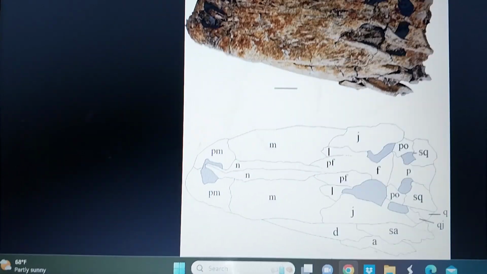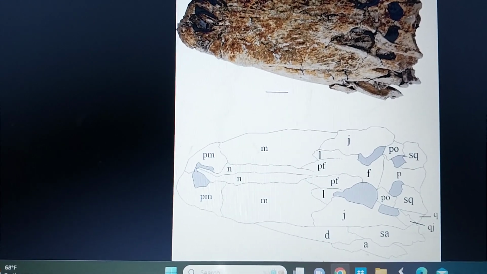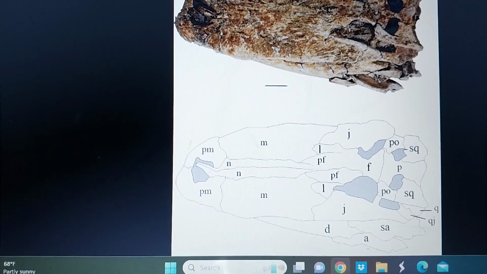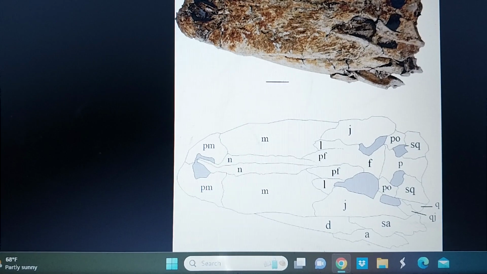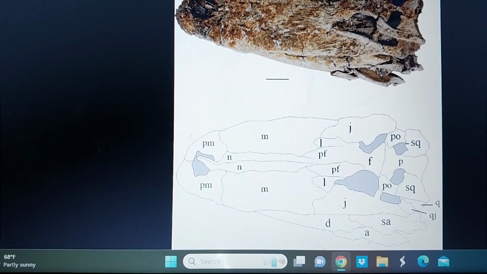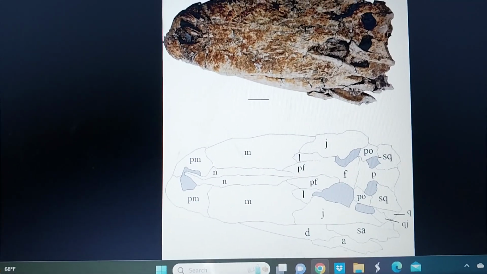The upper jaw contains 5 premaxillary teeth and 16 maxillary teeth, rounded in cross section and caniniform in the front, while teeth further back show slight compression.